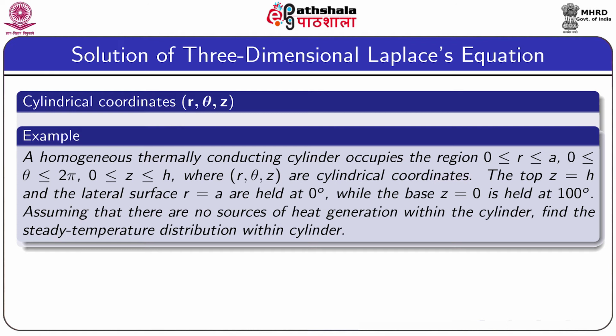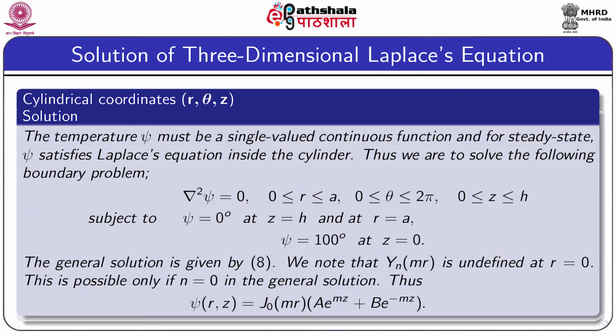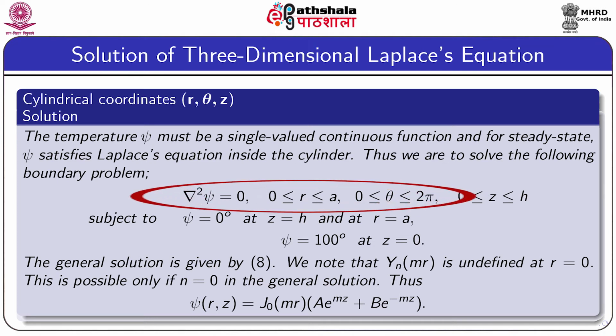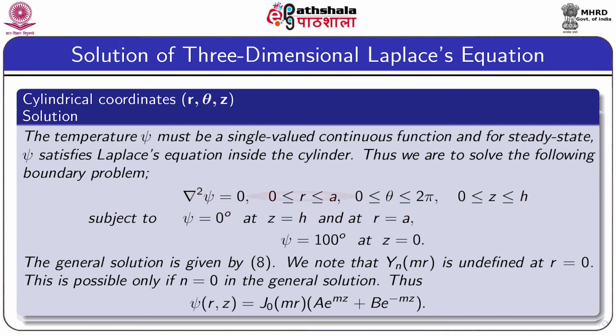So, from this problem and the supplied boundary conditions, we can write the problem in this way. We have to find the temperature psi, which is a single valued function, and this is for steady state, and this psi will satisfy the Laplace equation, grad square psi equals 0, where 0 ≤ r ≤ a, 0 ≤ θ ≤ 2π, and 0 ≤ z ≤ h.